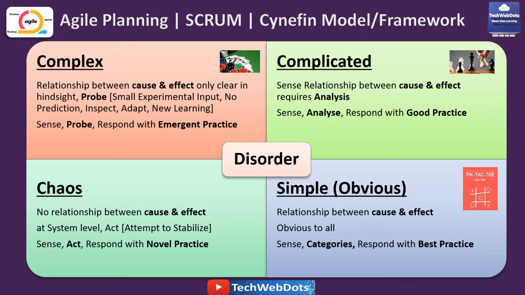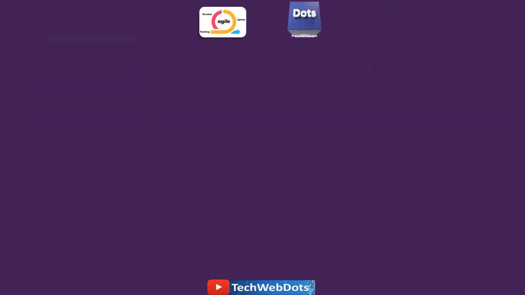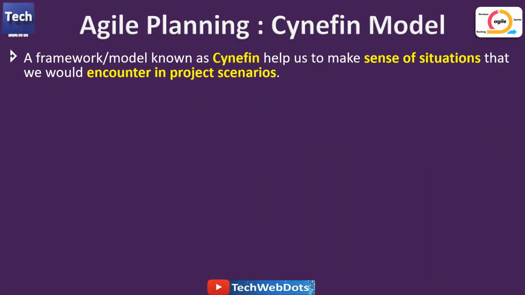But before understanding this, first let's discuss a few very important points about the Cynefin model. A framework or model known as Cynefin helps us to make sense of situations that we would encounter in project scenarios.